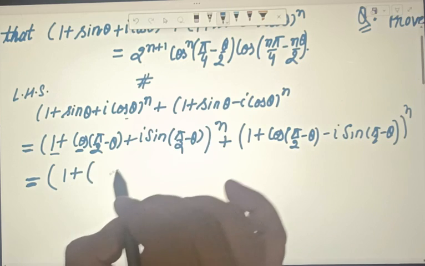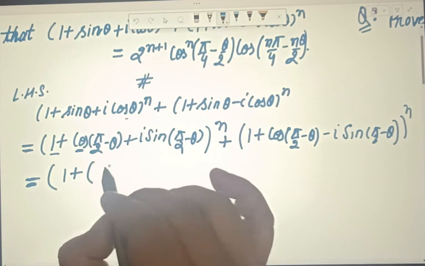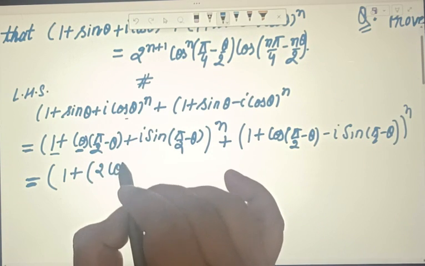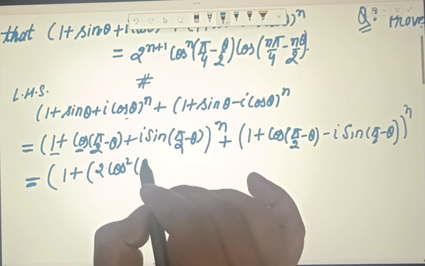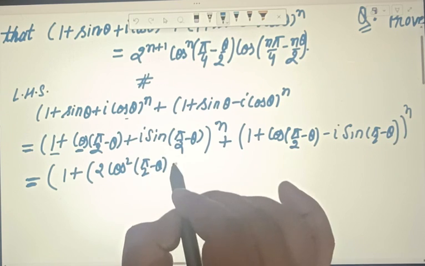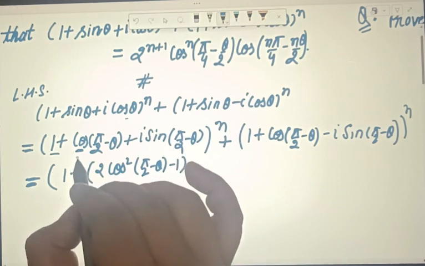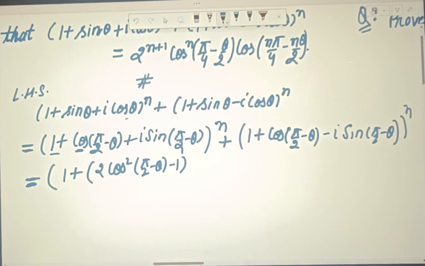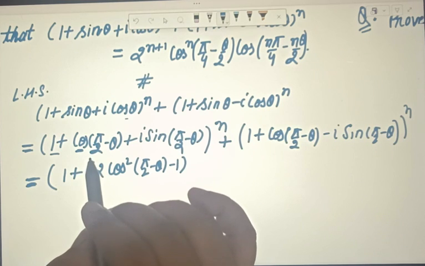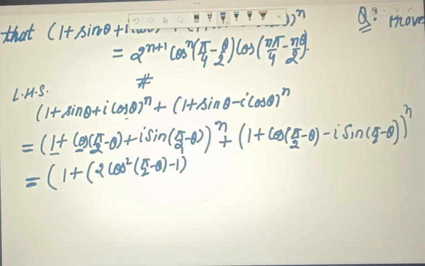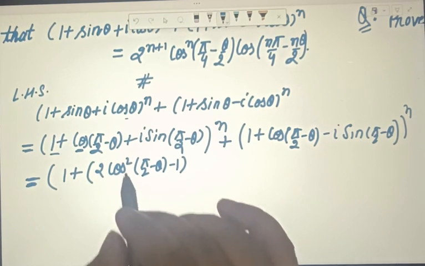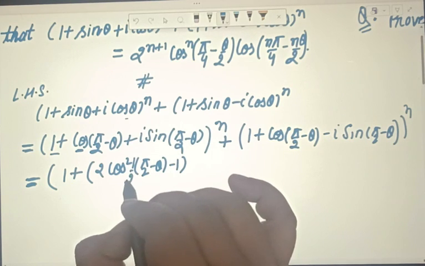So come on, apply the formula here. We will write 2 cos²((π/2 − θ)/2) − 1 in place of this, with the 1 by 2 also there.